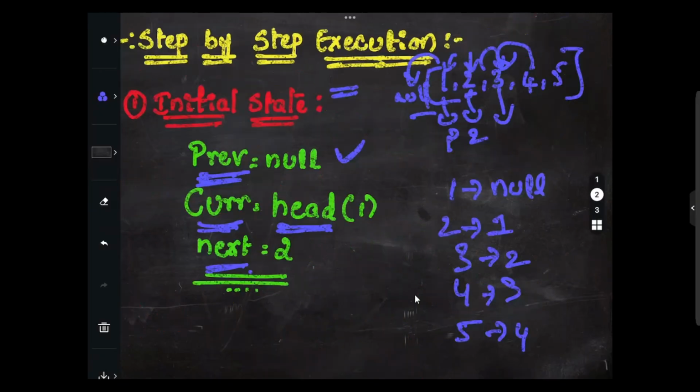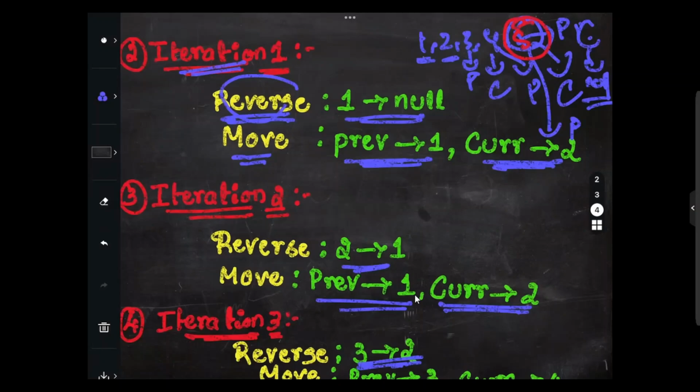So now when we return previous, this will be 5. So this will be 5 4 3 2 1. We have reversed this successfully.